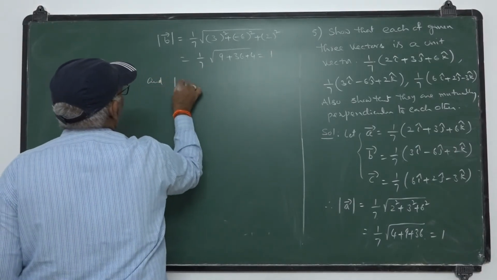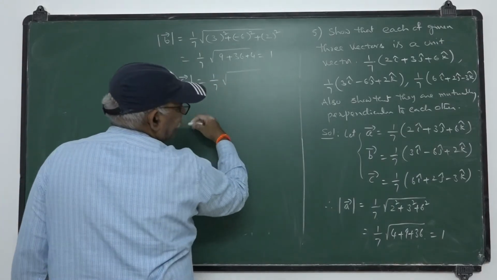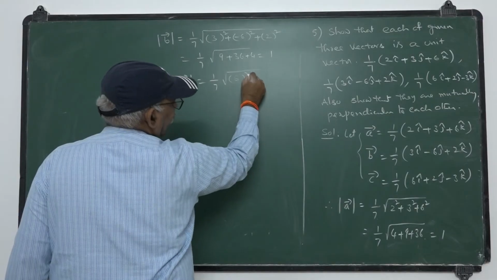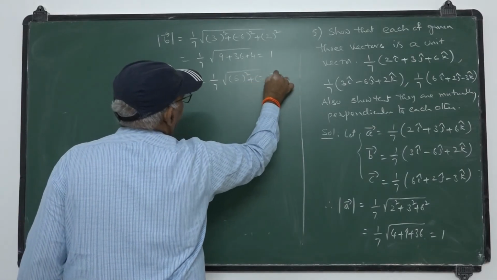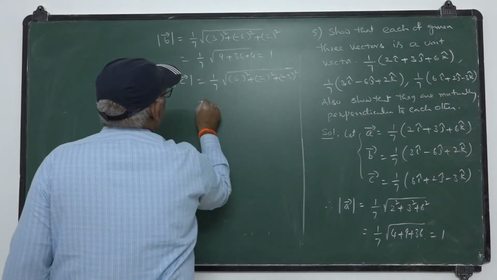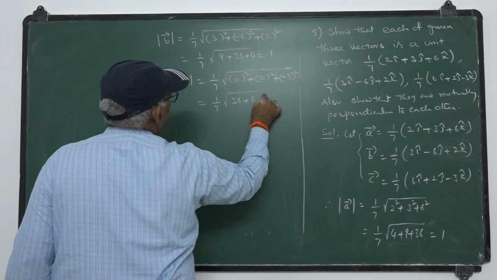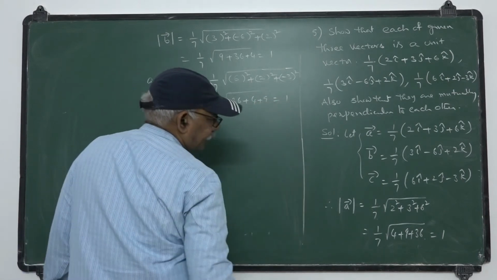And modulus of C bar is here 1 by 7 into the square root of 6 square plus 2 square, of course plus minus 3 square. That is also 1 by 7 into the root of 36 plus 4 plus 9, that is also 1.